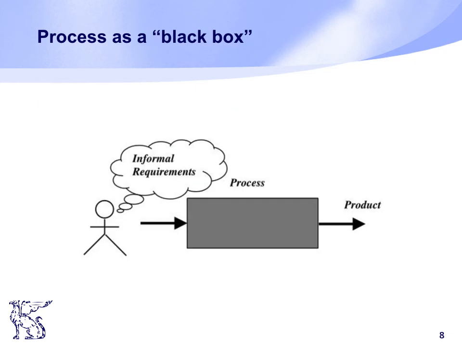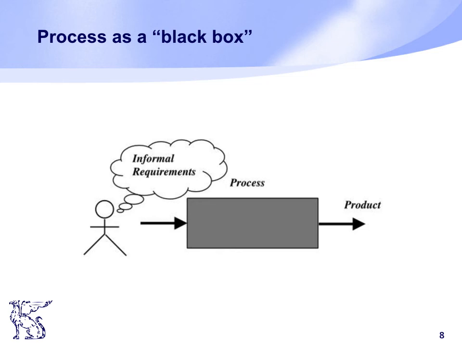Now I want to talk about two models, the black box model and the white box model. In the black box model, at first you have some informal requirements, then you start your process, do all the activities that have to be done, and then you get the final output.